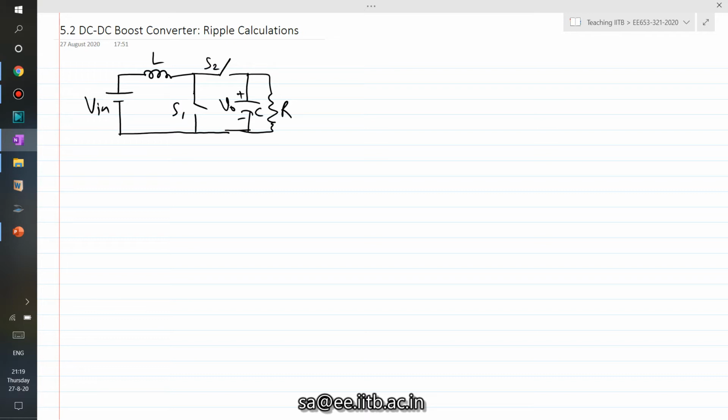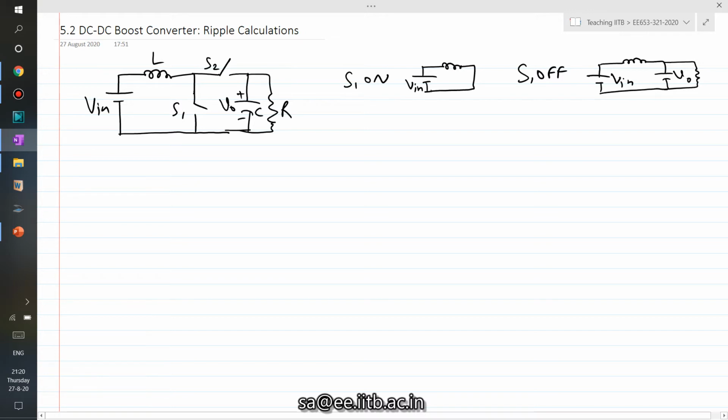When S1 is on, the circuit is this, and when S1 is off, then the circuit is this. There is obviously a resistance here, right?